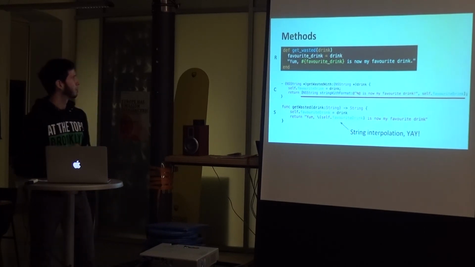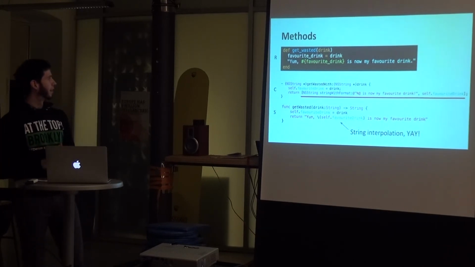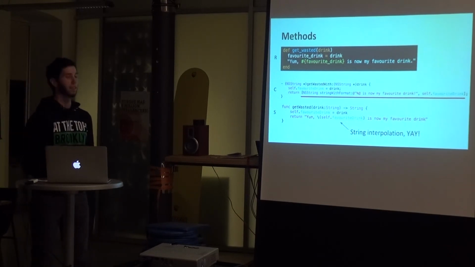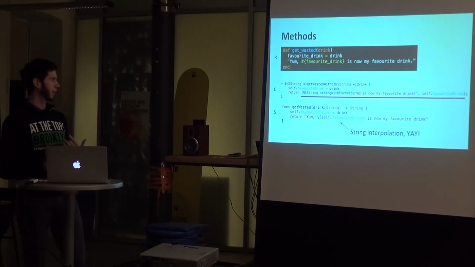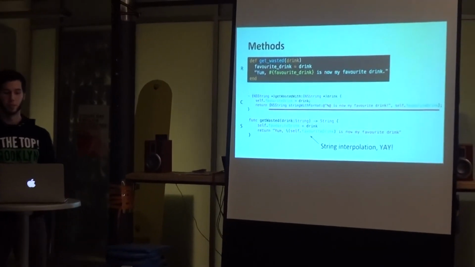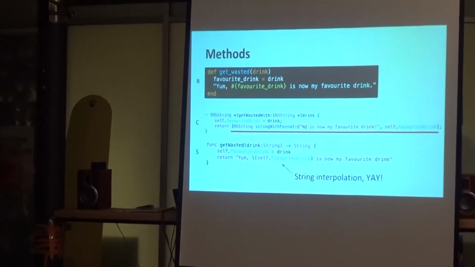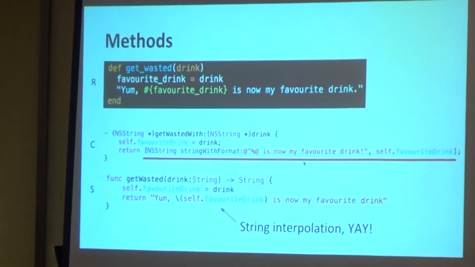Methods. Again, Ruby, straightforward. Objective-C, a lot of typing again, and we see that if we want to interpolate a string, it wasn't possible before in Objective-C, so it looked like this and it was awful.